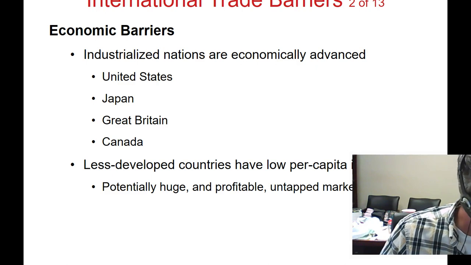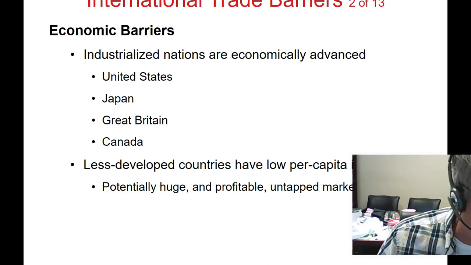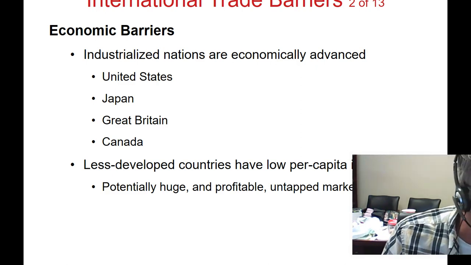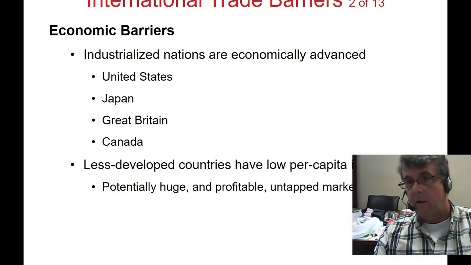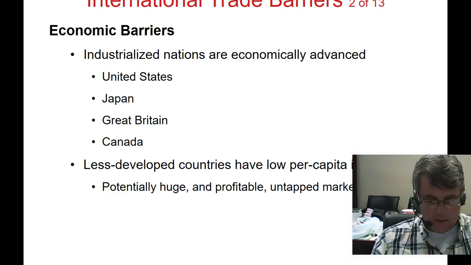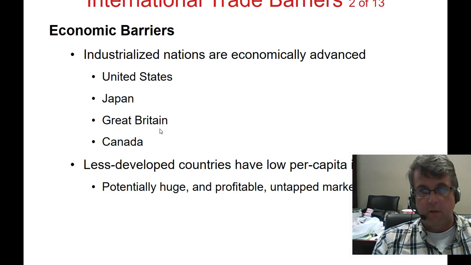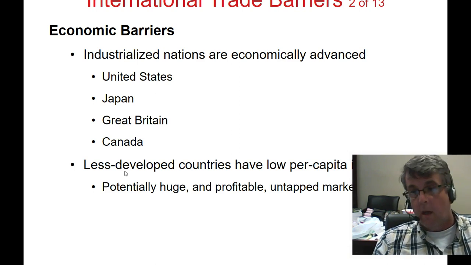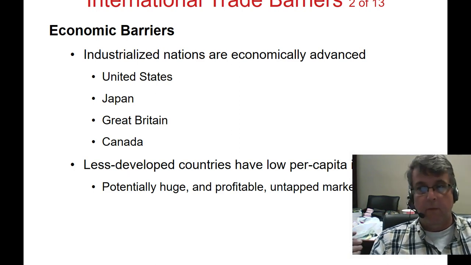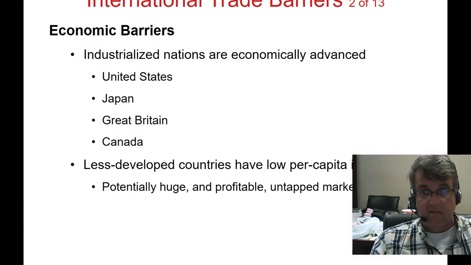If you look in your book, they talk about economic development. When considering doing business abroad, U.S. people need to recognize that they cannot take for granted that other countries offer the same things as are found in industrial nations. If you wanted to go, say, to a very poor country, what they call less developed countries, what we used to call third world or underdeveloped countries, that's just a nice name for saying they're poor. If you went and tried to sell blenders, they might not have any use for them.